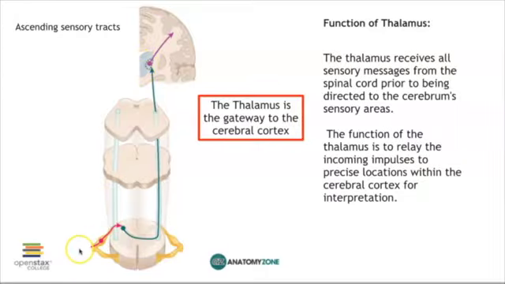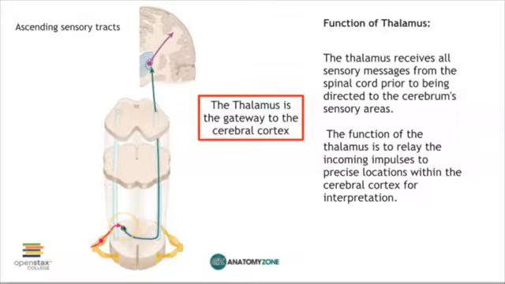So remember this. Sensory input comes in through the dorsal root. Dorsal root, here is our dorsal root ganglia. And then the sensory afferent axon is going to be synapsing with an interneuron.